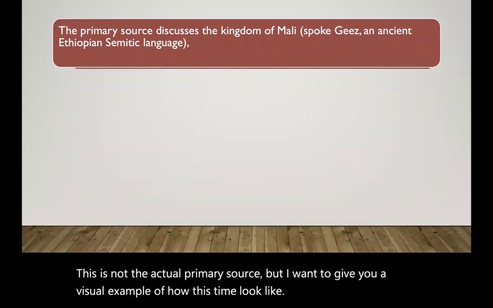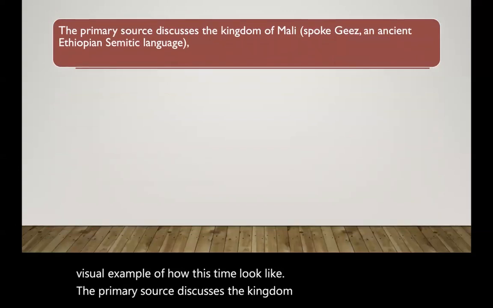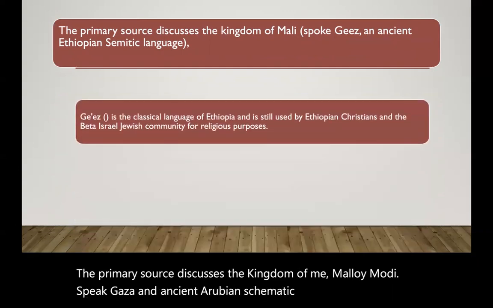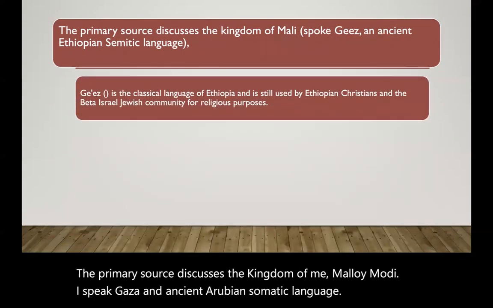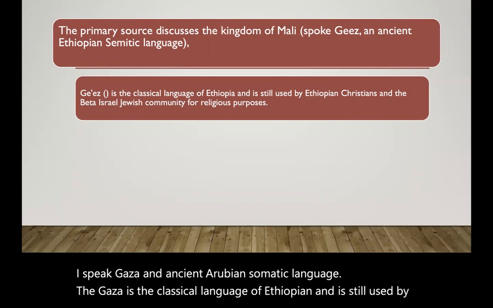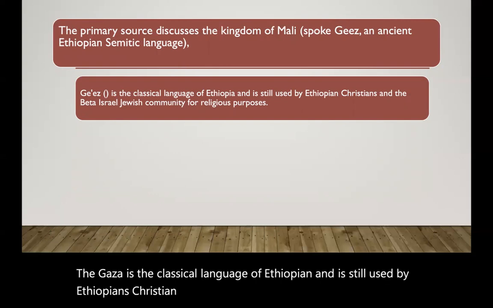The primary source discusses the kingdom of Mali, and speaks of Ge'ez, an ancient Ethiopian Semitic language. Ge'ez is the classical language of Ethiopia and is still used by Ethiopian Christians and the Beta Israel Jewish community for religious purposes.